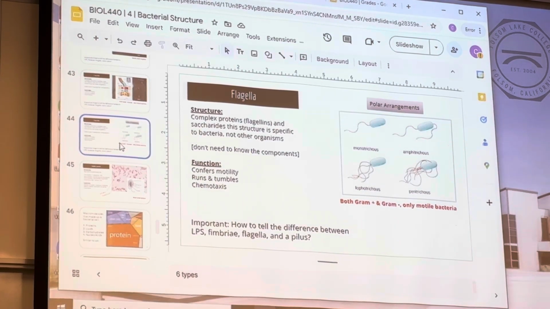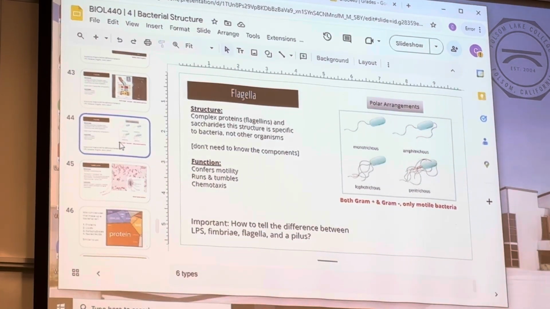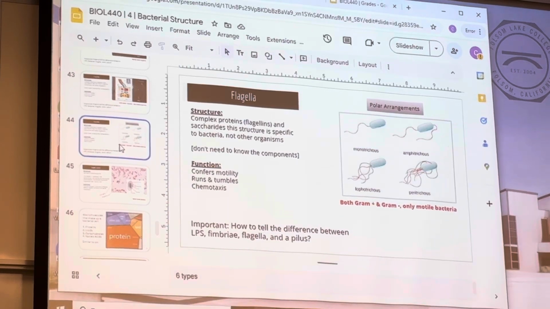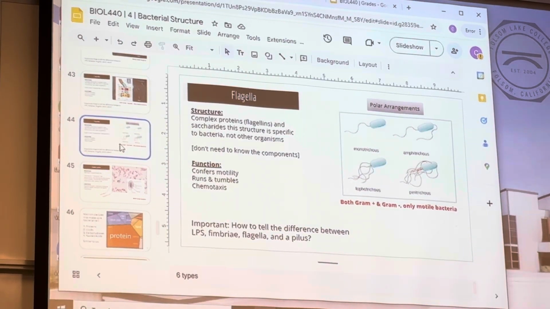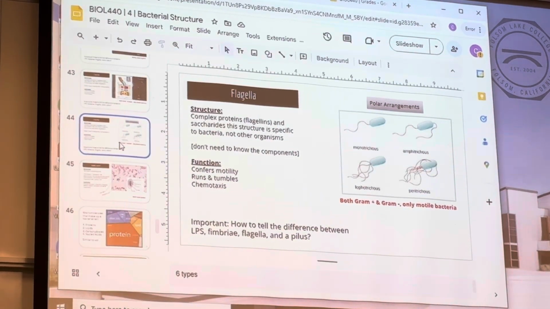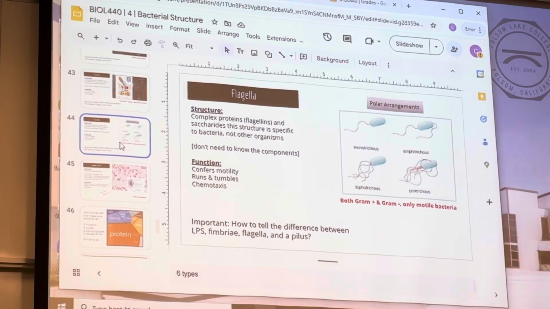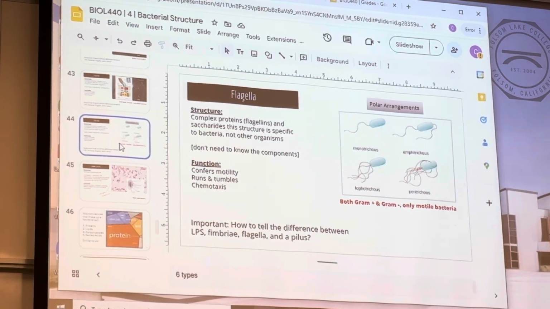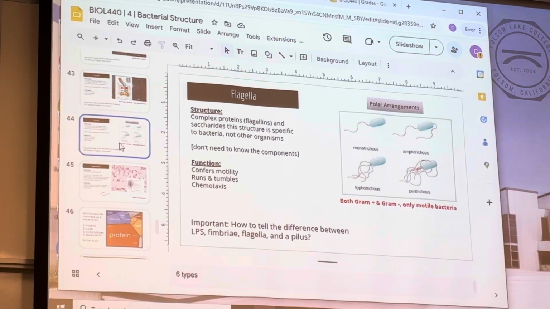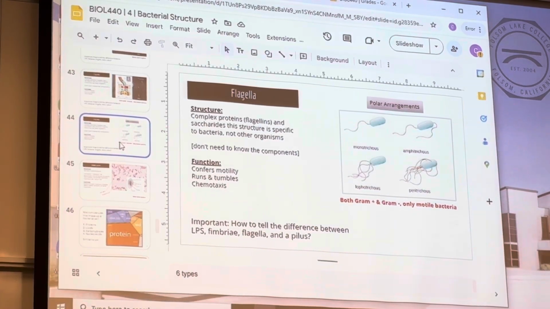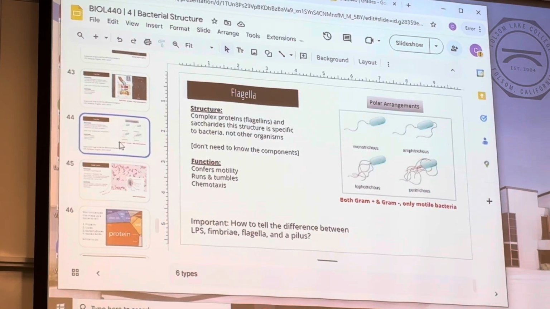When you're taking a pharmaceutical, you don't want it to be harming human cells. So you have to look for those qualifications that make the bacteria unique, so that the pharmaceutical doesn't harm our cells. Does that make sense? Okay, cool. So targets for sure, but also how they can make us sick. I'll show you that.